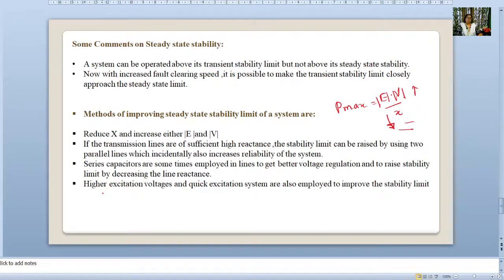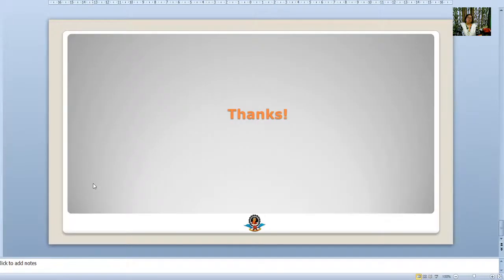If we are using high speed excitation, then the field current can be changed quickly, so the steady state stability limit can be improved. This is all about our steady state stability limit.